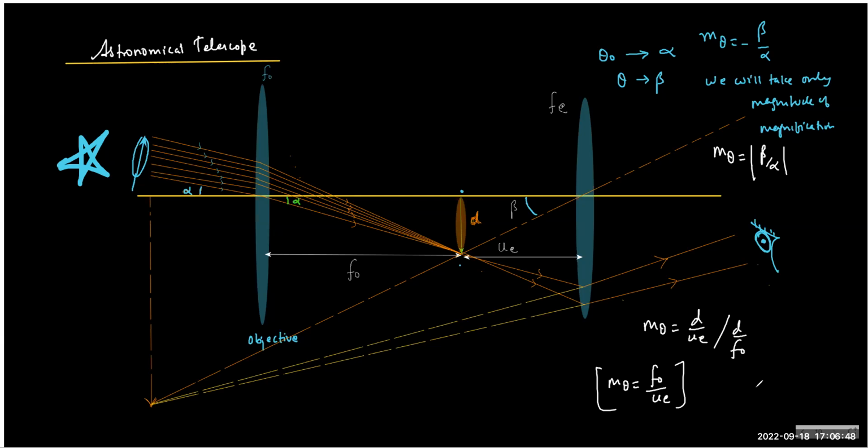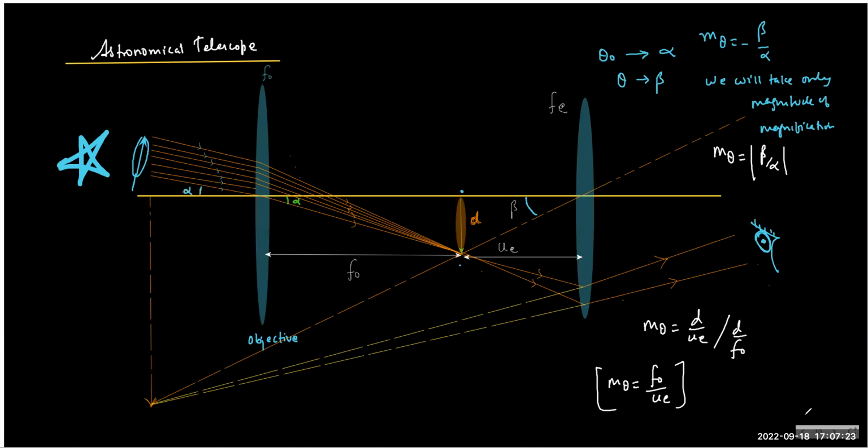Yes. And of course, what is the next step? We have to invoke the types of vision. For normal viewing experience, for normal vision, tell me guys what we can write.